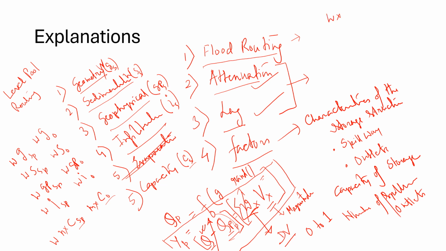And after optimization, at the juncture when Q minus QP is minimum, that means nearest to 0 or 0, then at that juncture one of the weights will be maximum compared to all the others. So that weight and that factor which is being multiplied to that weight will be the most significant factor among all the factors that control the attenuation and lag of the outflow hydrograph.